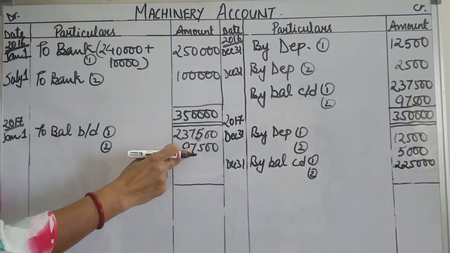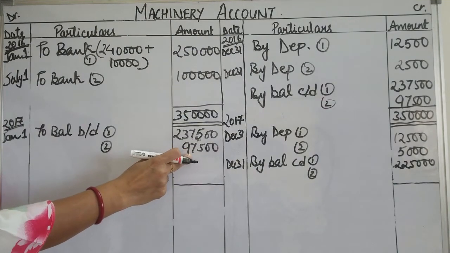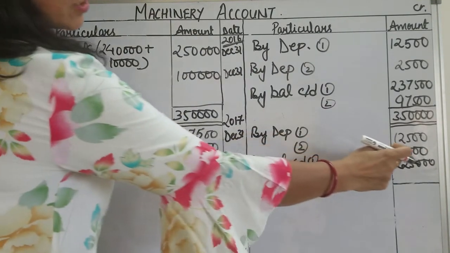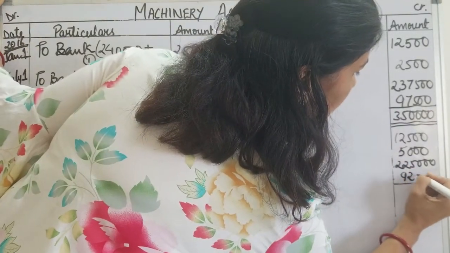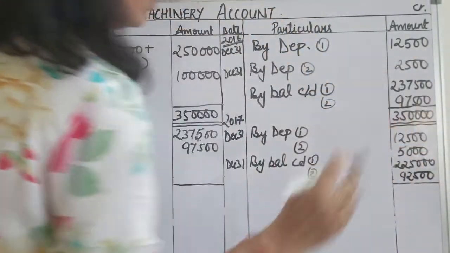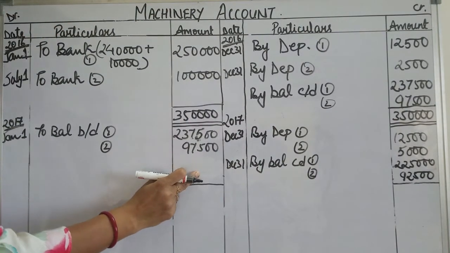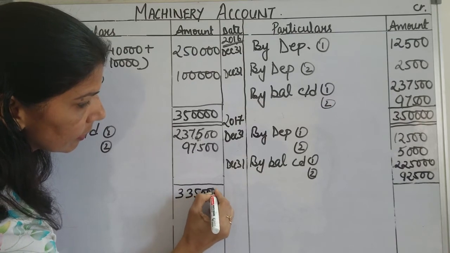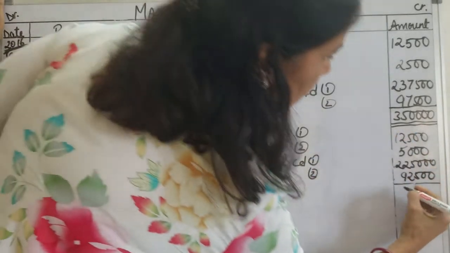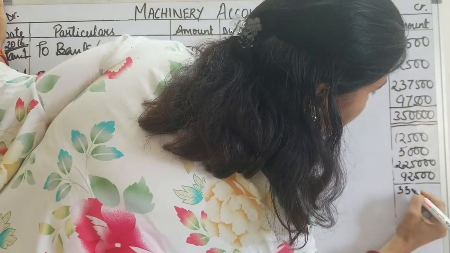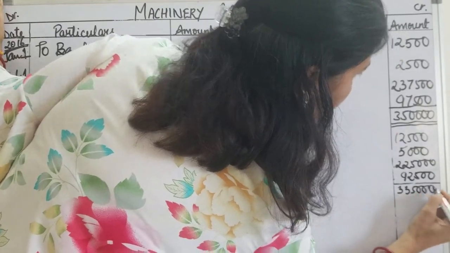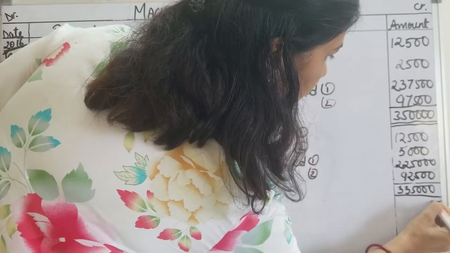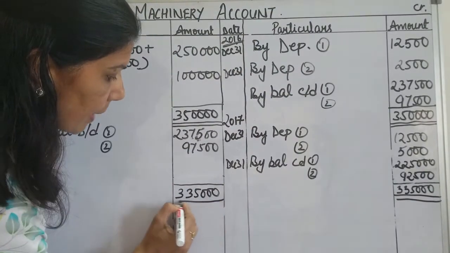And for machinery 2, 97,500 minus 5,000 will come to 92,500. Okay. Now the total of this side is 3,35,000 and this side is 3,35,000. Right.